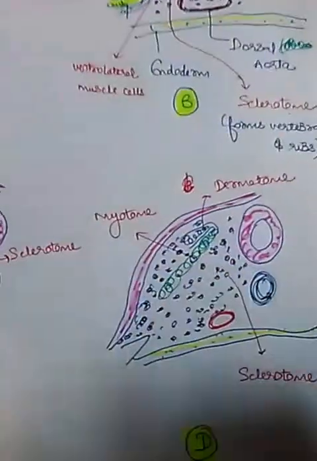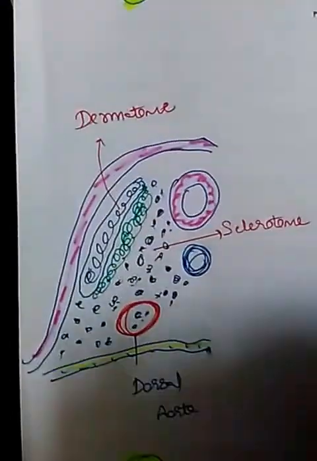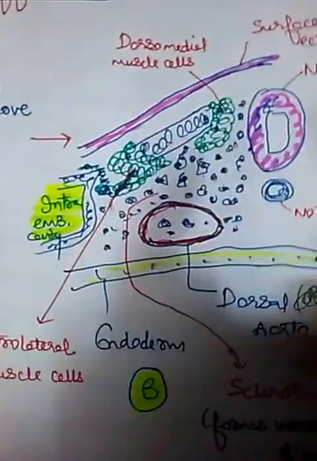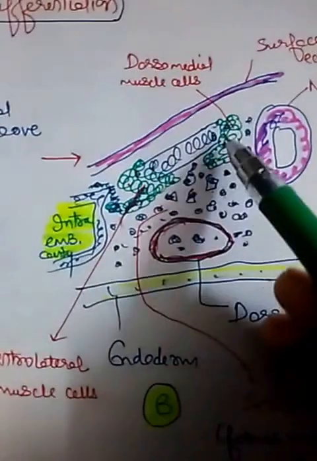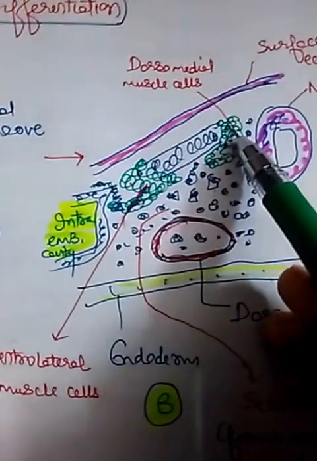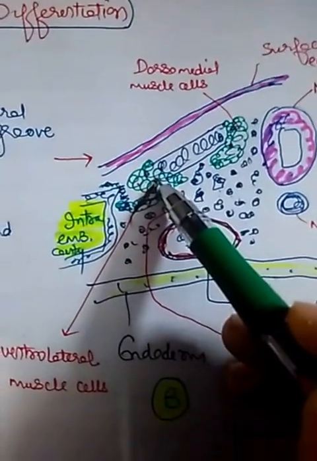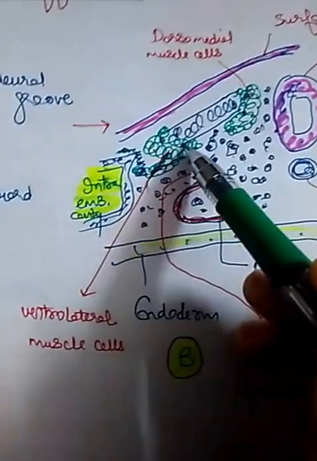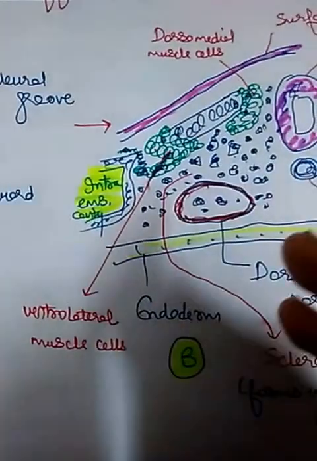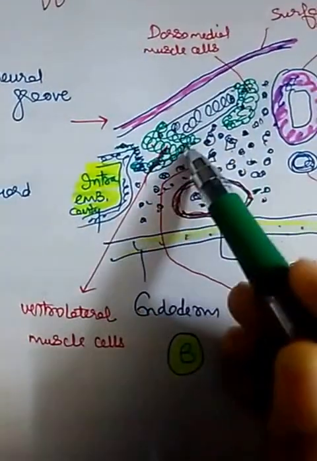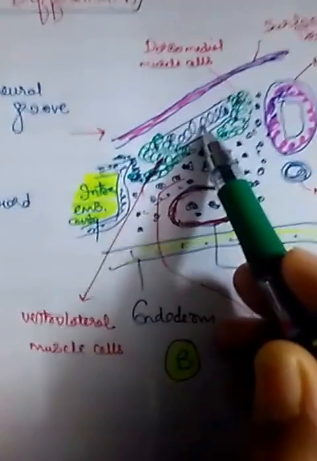Second thing you should know is that, apart from this, in the same image, there are dorsomedial muscle precursor cells and ventrolateral muscle precursor cells. These cells also start migrating beneath the dermatome.